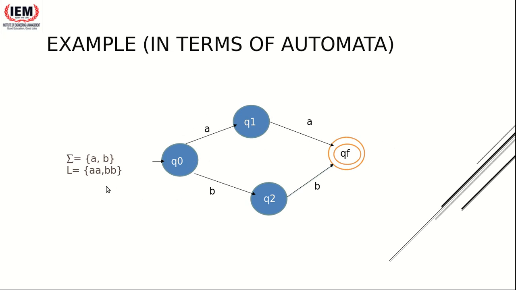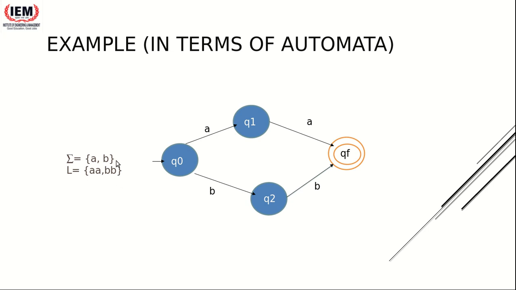So now, if this is a language and this is the corresponding automata for the language, how to relate both of them? See, you start at Q0, you get A, you go to Q1, you get another A, you go to QF, which is the accepting state. So AA is getting accepted by this machine.